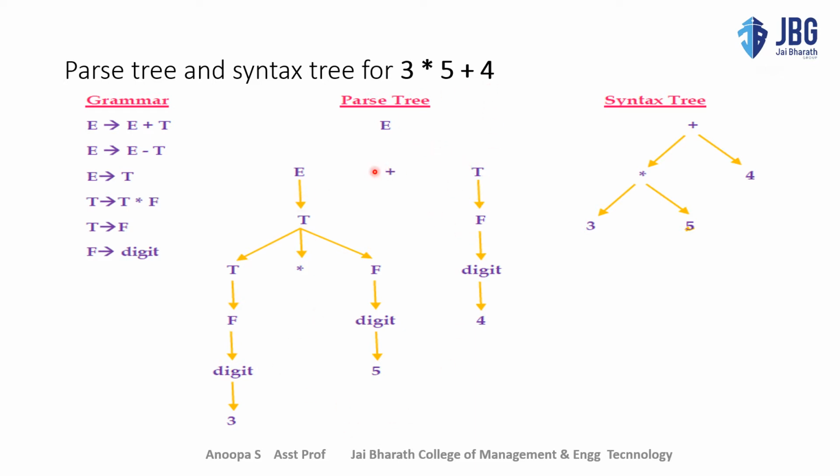So each node will represent a production, right? And the leaves represent the literals. Now this is the corresponding syntax tree. See, this is the compressed form of the parse tree. Only the operators and operands are present in this syntax tree. So these are the main differences between a parse tree and a syntax tree.